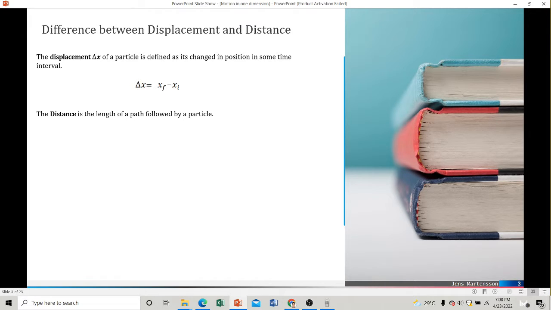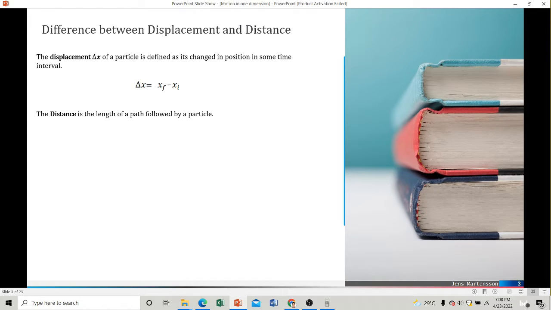Distance is measured by how much you have covered, including going back and forth. So you walk 5 meters, then go back 2 meters. It means your distance is 5 plus 2, the total that you walked, that you covered during the motion.